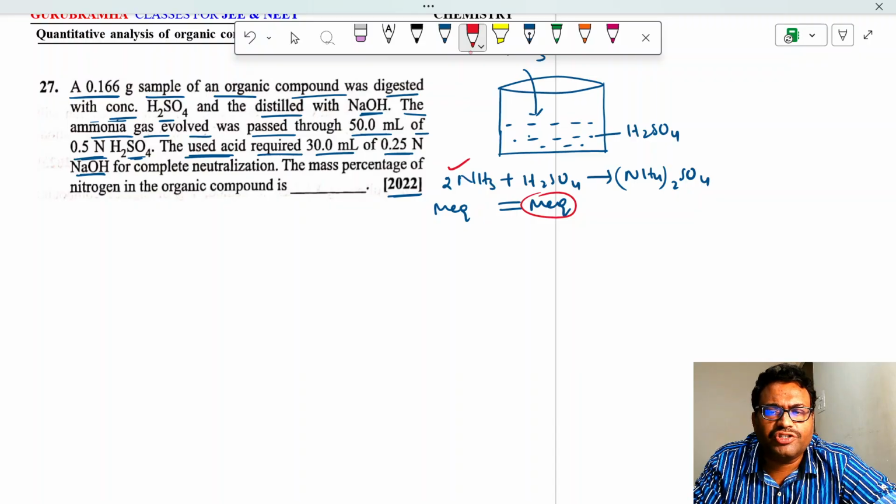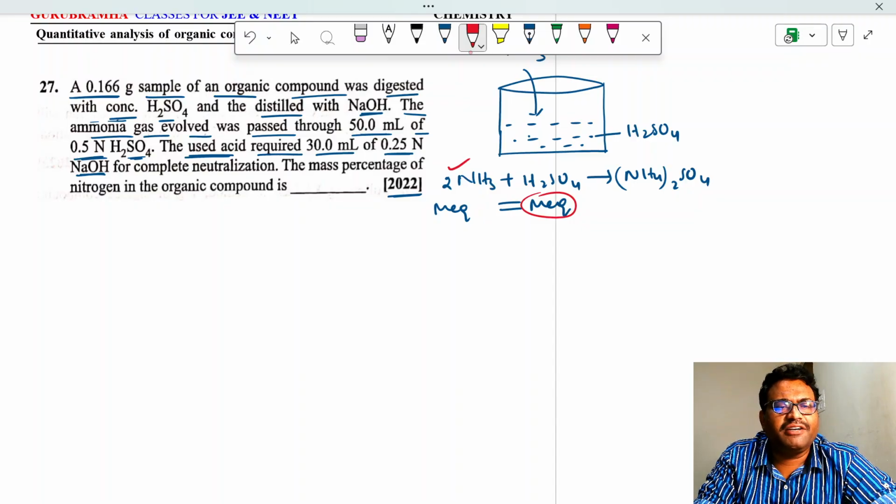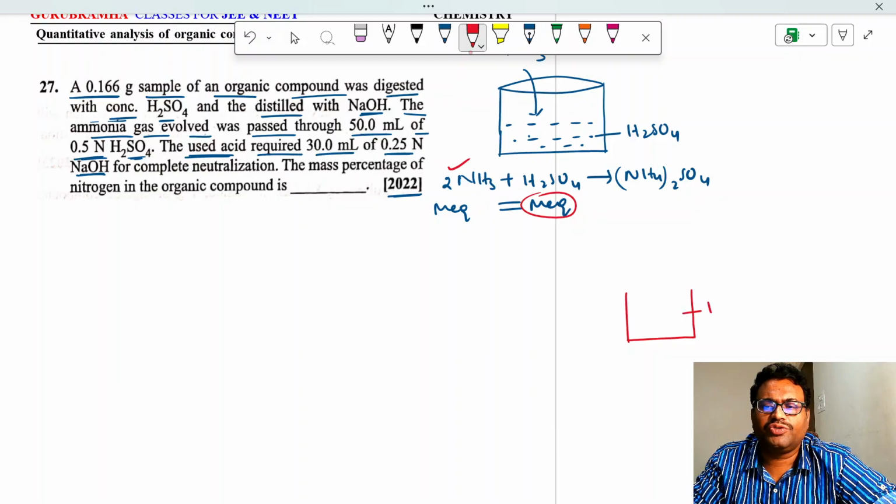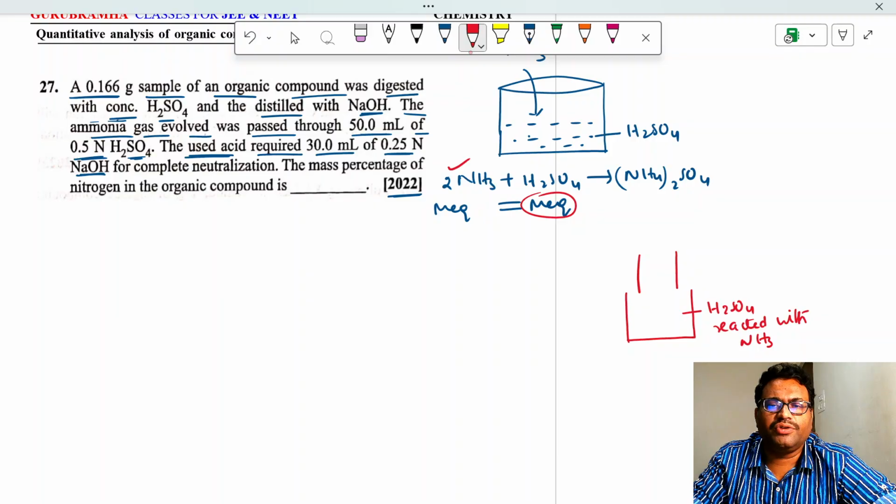So how much H2SO4 has reacted with NH3 is calculated by titrating with NaOH. So what he is doing, he is titrating with NaOH.